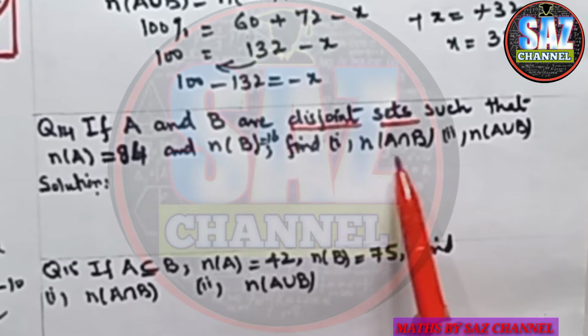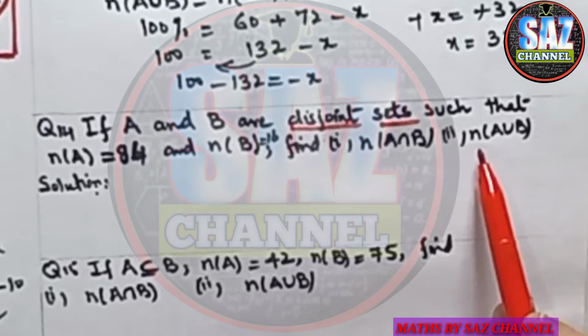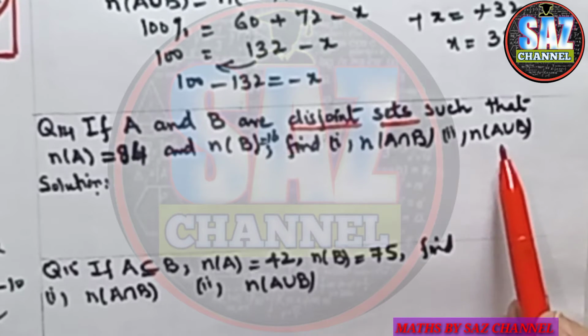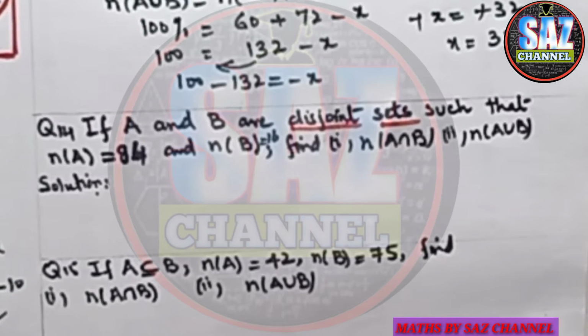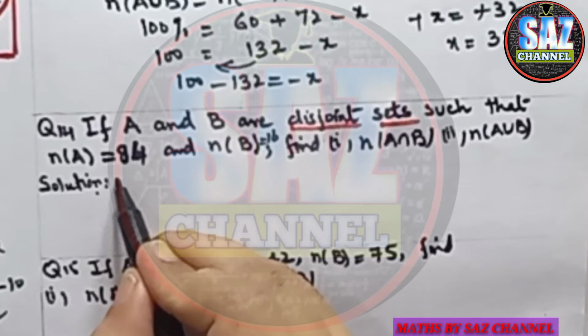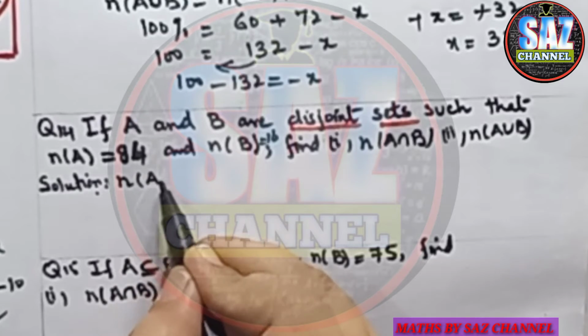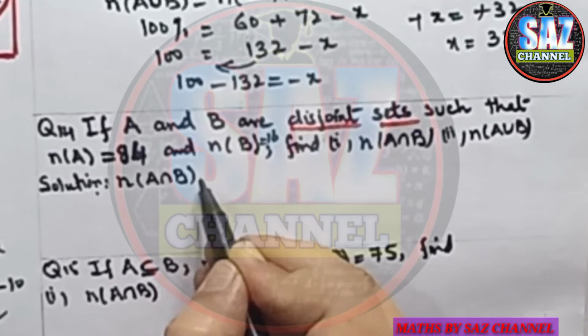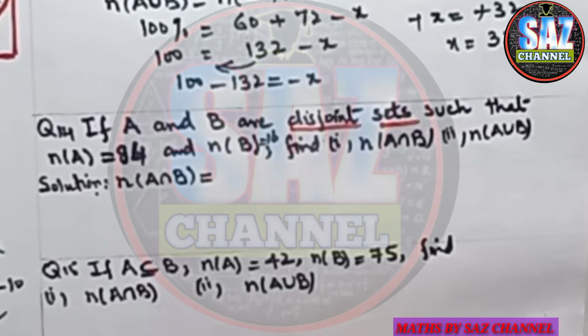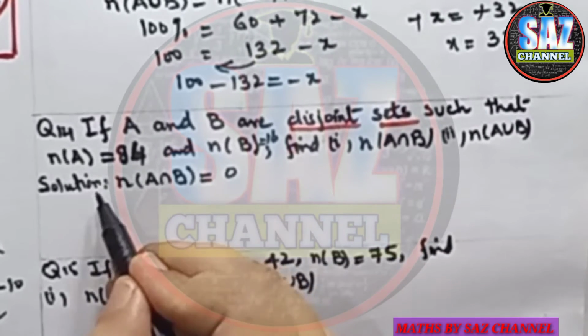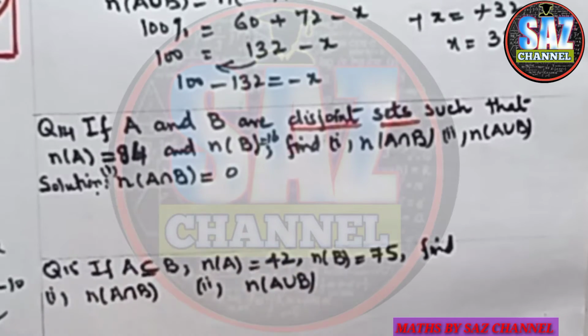Find the first part, the number of elements of A intersection B, and second, the number of elements of A union B. Recall that disjoint sets are sets which have nothing in common. So when sets have nothing in common, the intersection will be an empty set. So for the number of elements of A intersection B, as the intersection is empty, there will be no element and the answer will be 0.